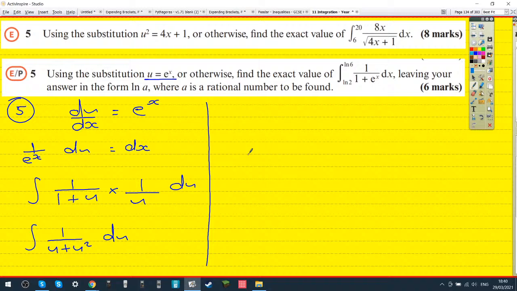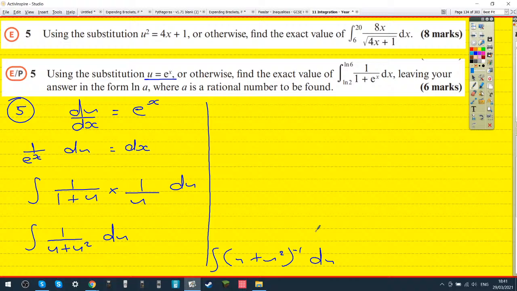Another way to think of it is if you could write it as u plus u squared to the minus 1. What would happen if you integrated that? It would become minus 1 plus 1? So yeah, you're right. It'll be to the power of 0 and it'll all become 1, which is kind of nonsense.